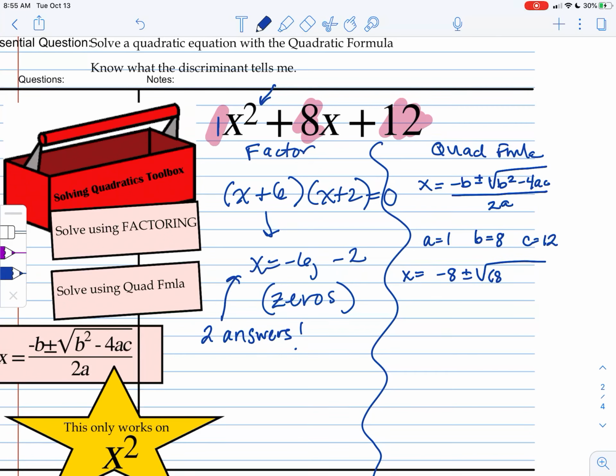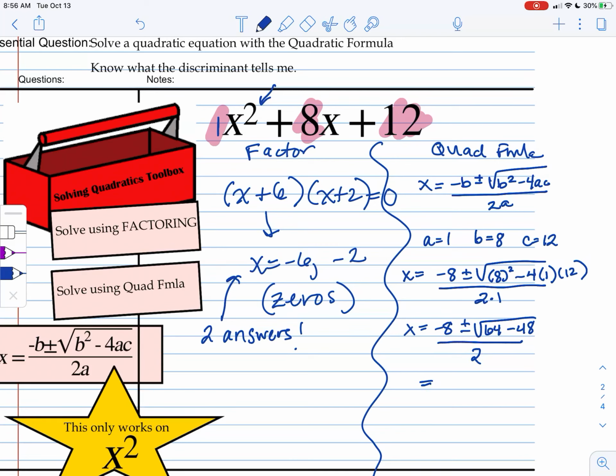You should always put this in parentheses, b squared minus 4 times 1 times 12 all over 2 times 1. Okay, so one step at a time here. Plus or minus the square root. This is 64, and 4 times 12 is 48, all divided by 2 times 1, which is 2.